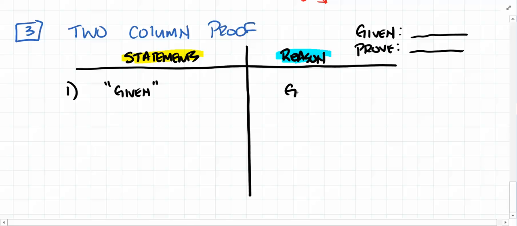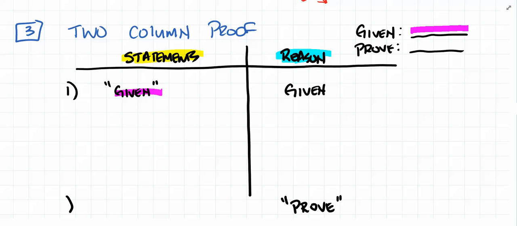Then you're going to leave some space and number the steps, and we don't know how many steps it's going to take to get our proof done, so we leave it blank. Then on the very last part, we write whatever the prove statement is. So whatever the given statement is, you write that there, and whatever the prove statement is, you write that part there.